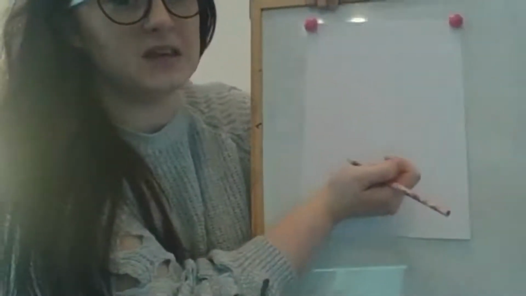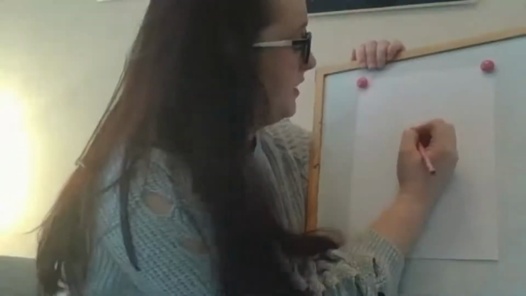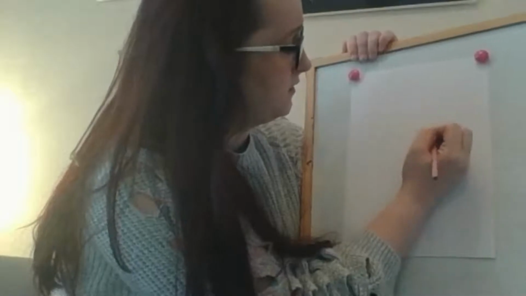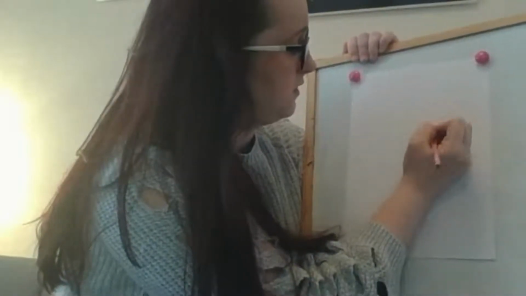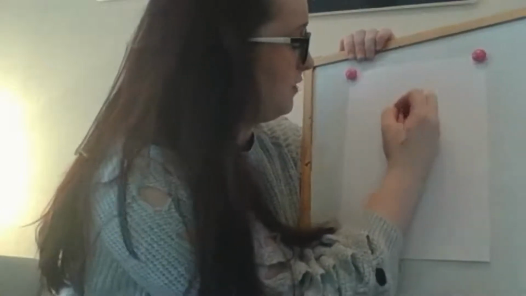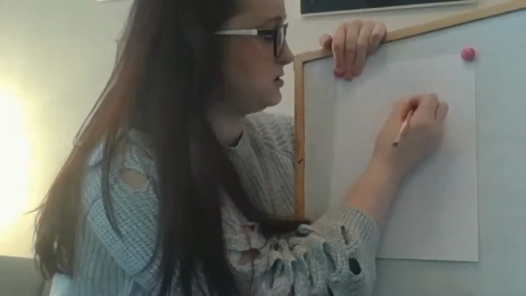You probably can't see it because it's so light, but I'm going to build upon that later on. And then I'm going to draw the body very, very lightly. And then I'm going to draw the other side of the body. Now what I'll do, so that you can see it, I'll go over it a little bit darker so that you can see it.